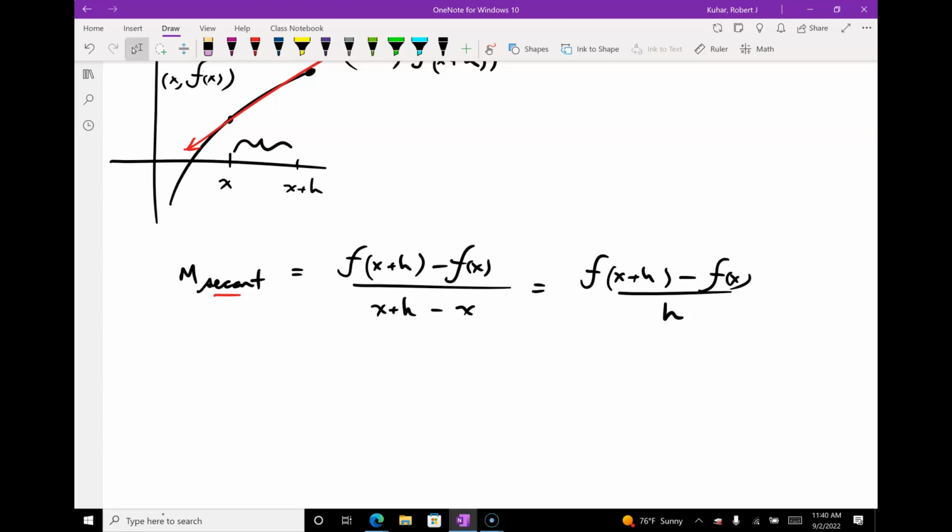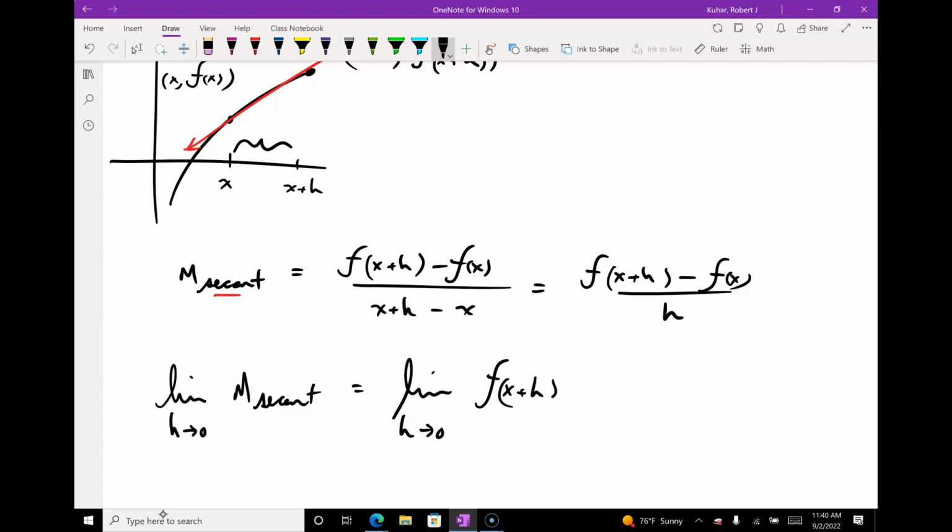So meaning the limit as h goes to 0 of the secant slope, of this difference quotient, is going to become the tangent slope.